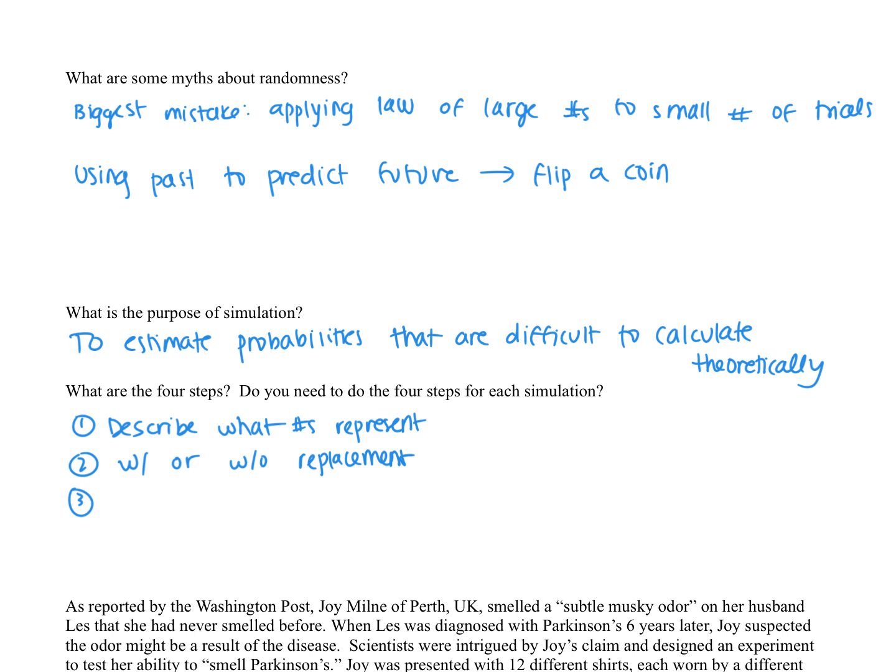Then you're going to describe how to carry out the process. And along with that, when are you stopping? So in the example we did, we stopped after 30 students. And last step is you need to say, what are you counting?